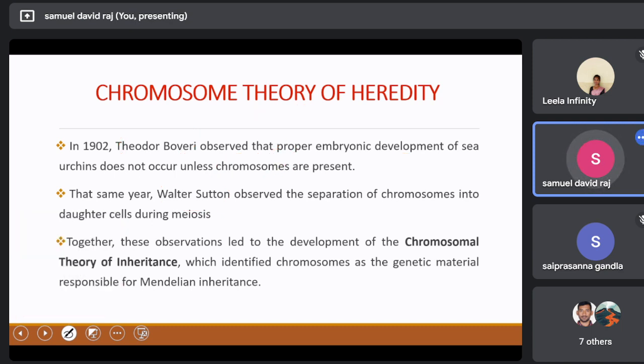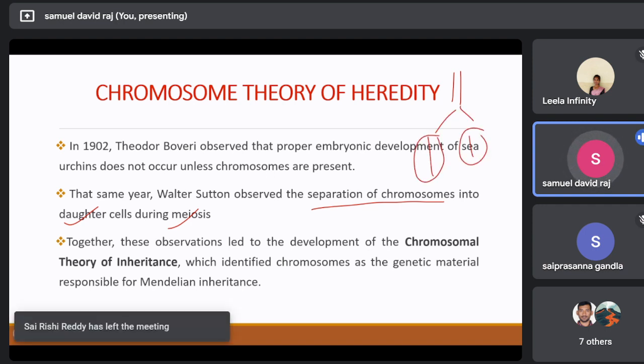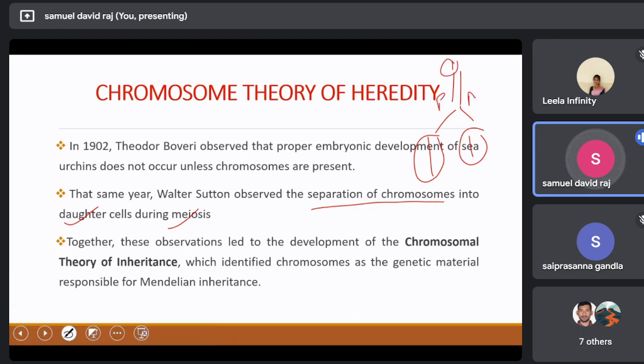The same year, Sutton also observed the separation of chromosomes into daughter cells during meiosis. So what we are saying is, during the process of gamete formation, both the maternal and paternal chromosomes separate. And this separation of chromosomes into daughter cells during meiosis was observed by Walter Sutton.